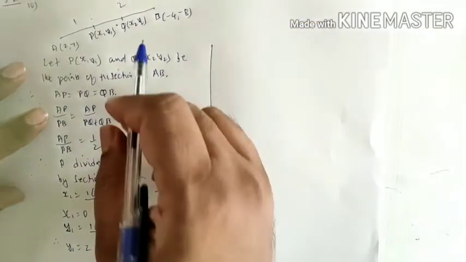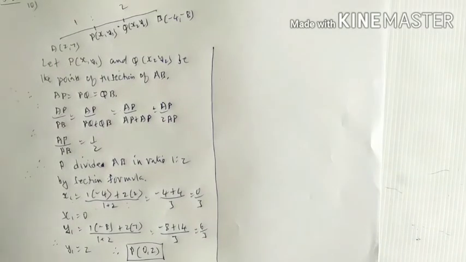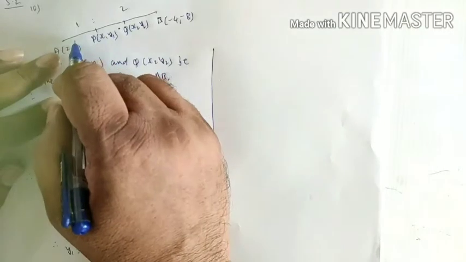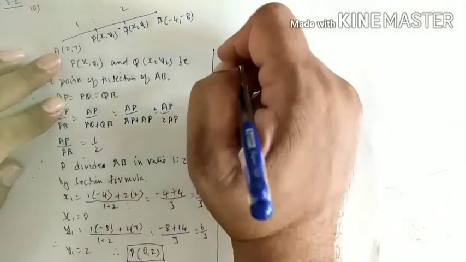Now we want to find the coordinates of Q. Here we shall write down AQ upon QB.